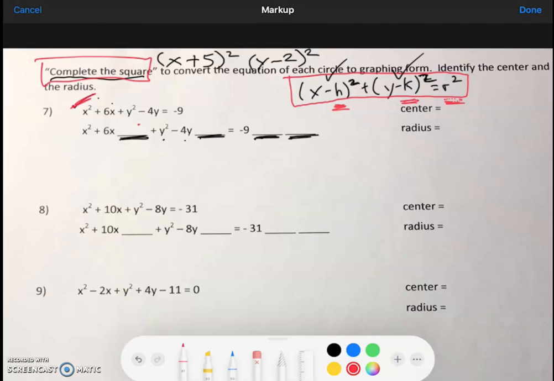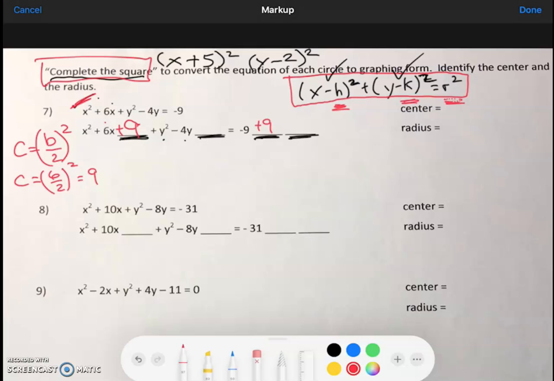If you recall from the worksheet 2 days ago, the c value is the b value divided by 2 and then square it. So if I look at this b value of 6, the c value would be 6 divided by 2, which is 3, and square 3, which is 9. So I'm going to put a 9 right here, plus 9. Whatever I add to the left side, I've got to add to the other side of the equal sign. You can't just add 9 without adding 9 to the other side.